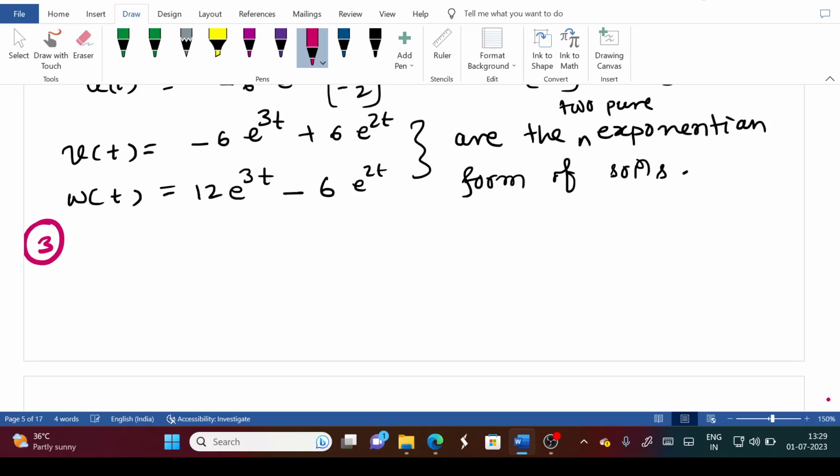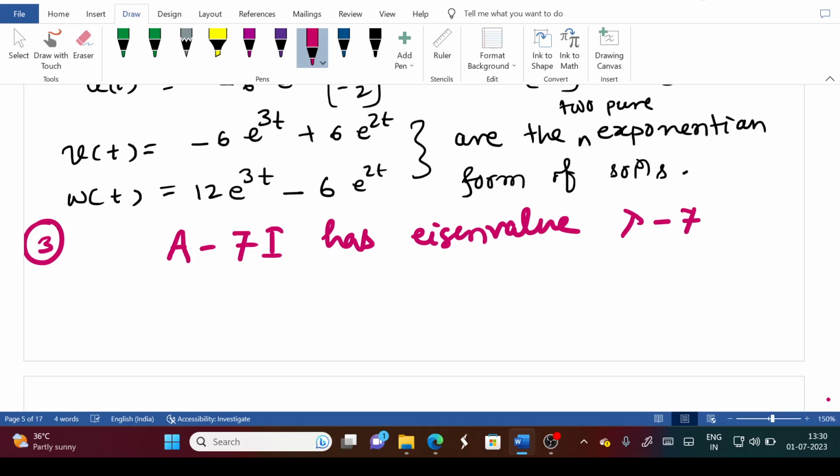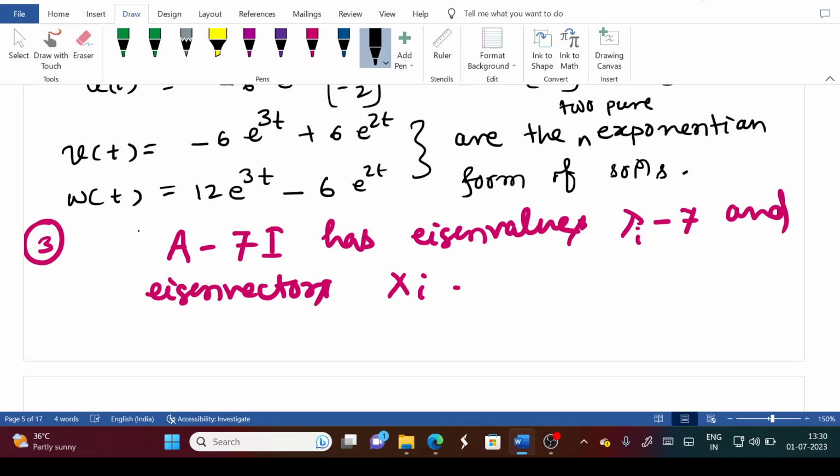Question number 3: A - 7I has eigenvalues lambda_i - 7 and eigenvectors x_i. Therefore A - 7I, what about its value?